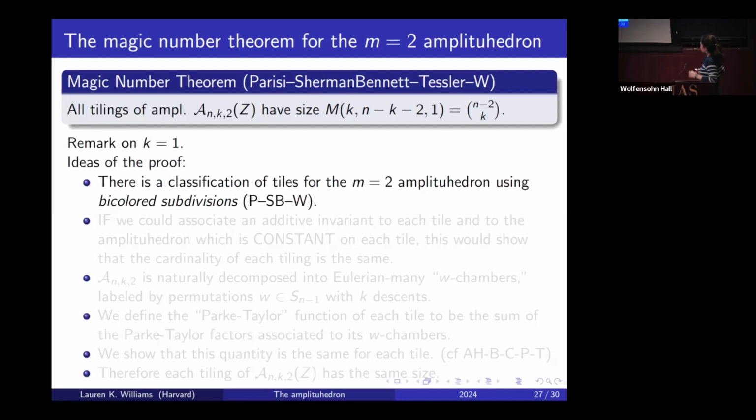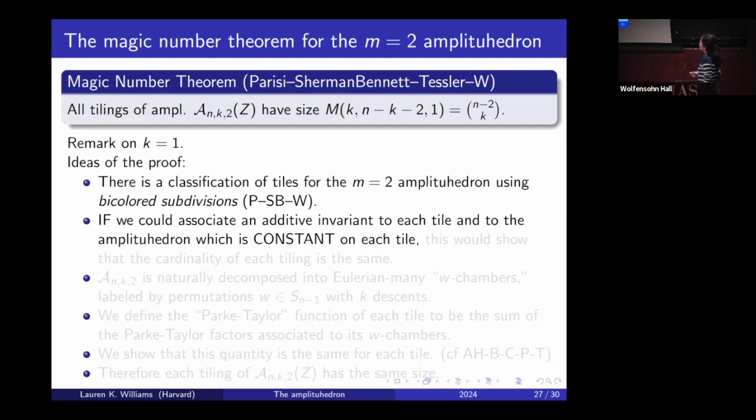Step 1: we classified all tiles for the m equals 2 amplituhedron. This was an essential step in the proof. If you have a classification of tiles, and a way to associate an additive invariant to every tile and to the amplituhedron, which is constant on each tile, then this would show that each tiling has the same volume.